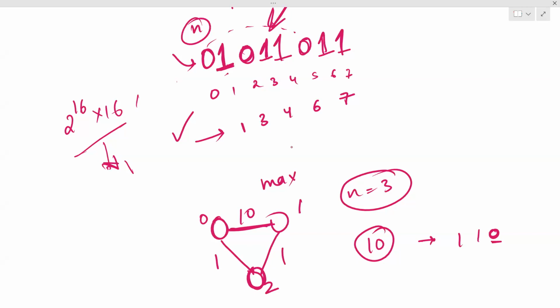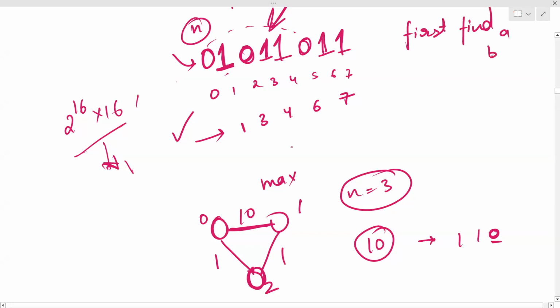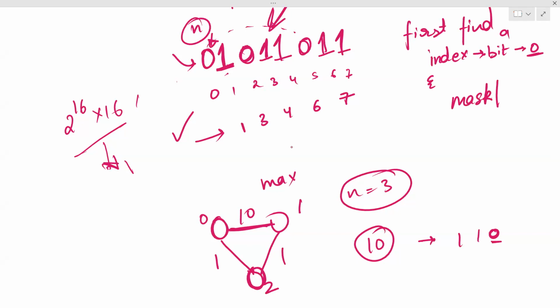Now I have to find the maximum value that I can get. So how to do this? See, first of all, I'll find a bit which is 0. First find an index where the bit is currently 0, that means it is unset. So let's say we found this. Let's say this was i, the first unset bit.